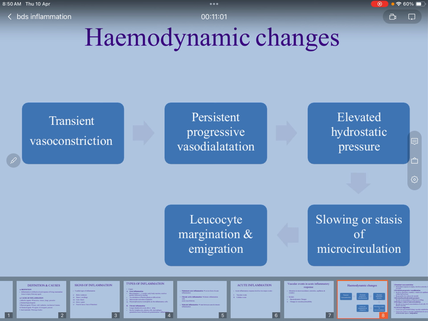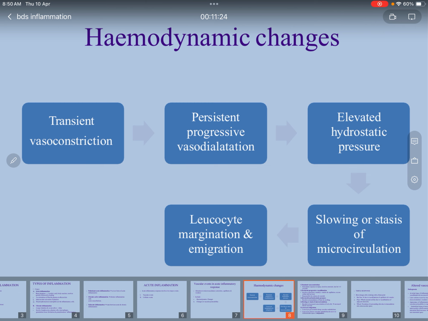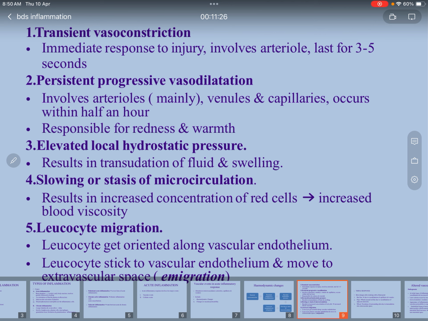Now, dealing with the hemodynamic changes, these are the headings. That is, 1, transient vasoconstriction, 2, persistent progressive vasodilatation, 3, elevated hydrostatic pressure, 4, slowing and stasis of microcirculation, 5, leukocyte margination and emigration. Let us deal with all of these.